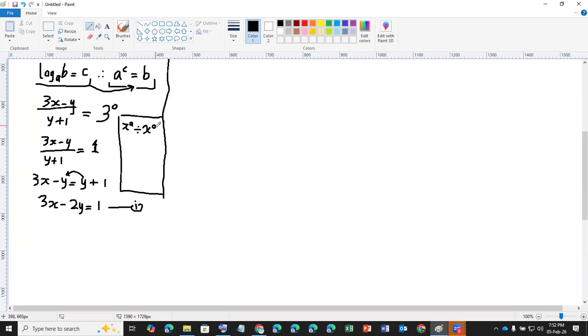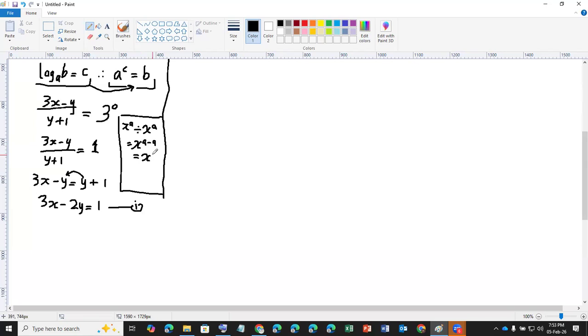You apply the law of indices for division, then it should give me what? x raised to the power of a minus a, isn't it? Yes, sir. And a minus a is what? Is it not zero? Good. So that's equal to x raised to the power of zero.